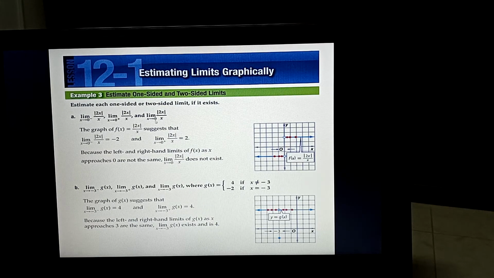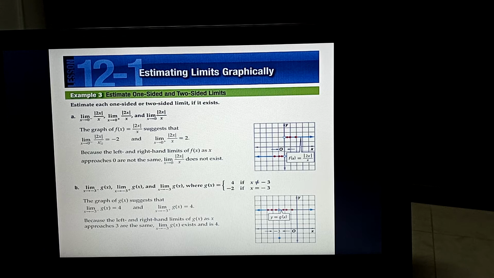When x approaches 0, look, he didn't write anything here, positive or negative. It means he is speaking about the limit. Does it exist or not? Look at the graph. The graph of f of x equals the absolute value of 2x over x suggests that.